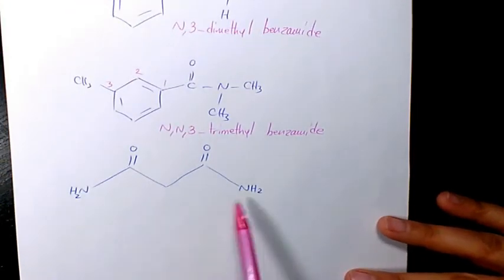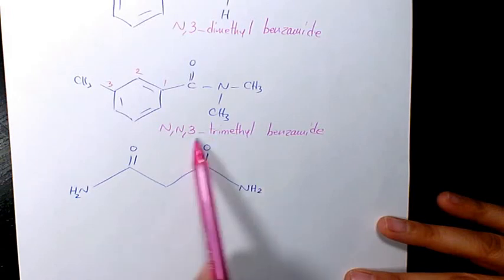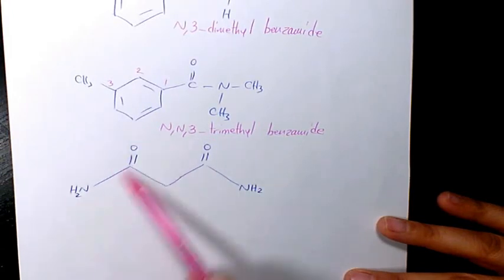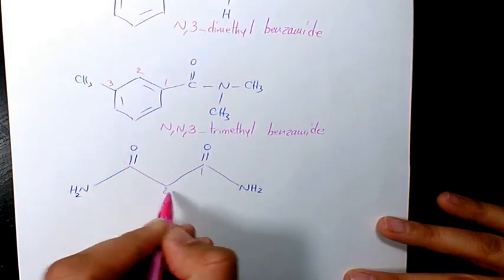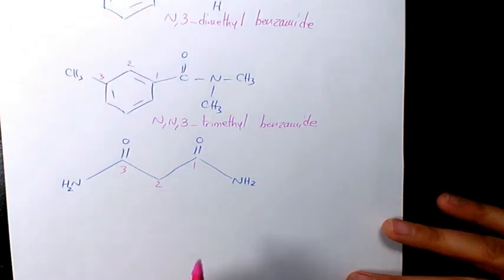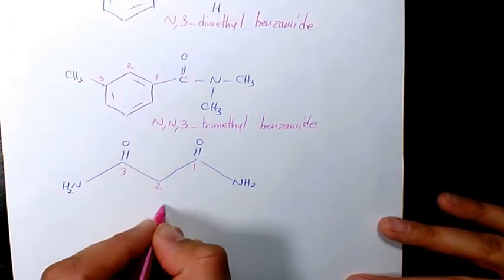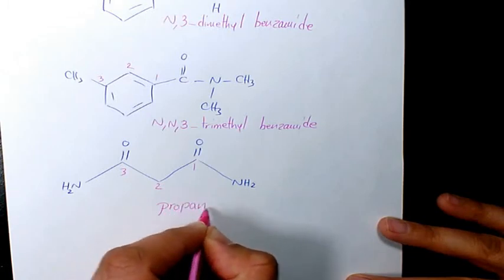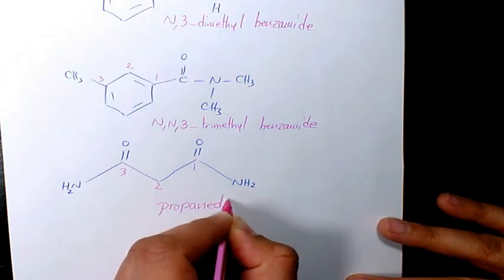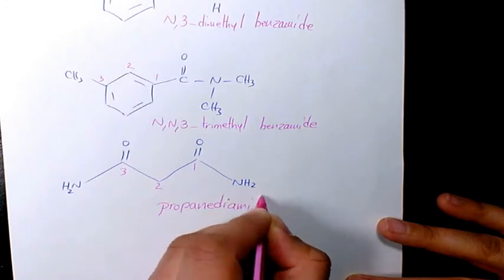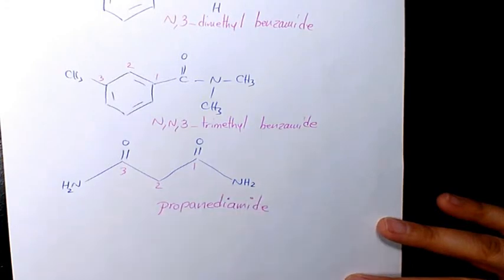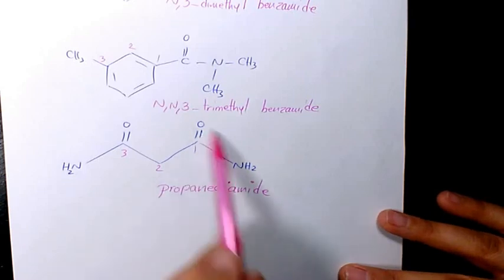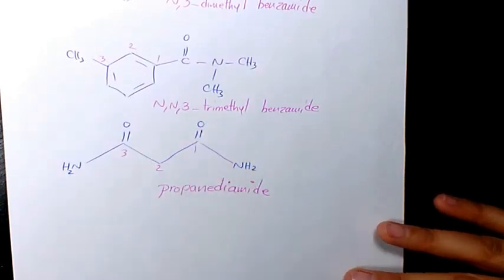What about this one? As you see here, we have one amide group here and one amide here. We have 1 2 3 carbon, so it's going to be propane diamide. That's the name of this organic compound, diamide, because we have 2 amide functional group.